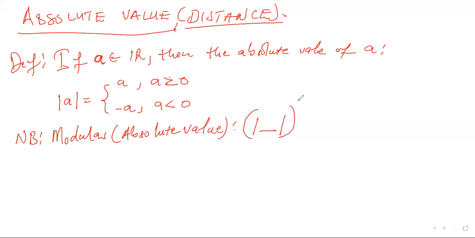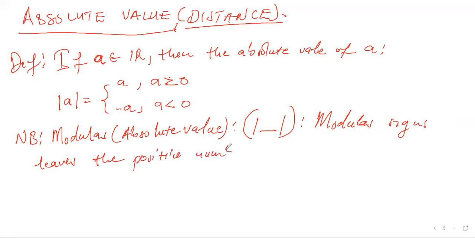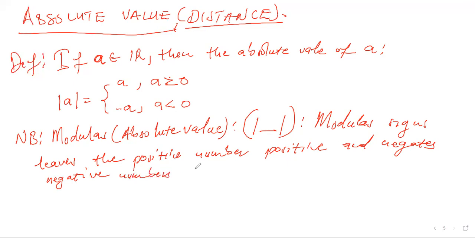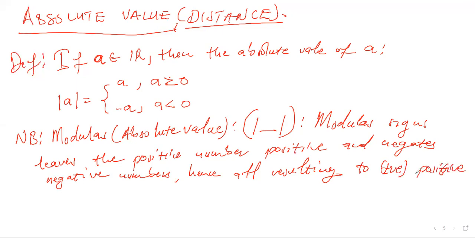The modulus sign leaves a positive number as it is, or leaves the positive number positive, and it negates negative numbers, hence all resulting in positive values.